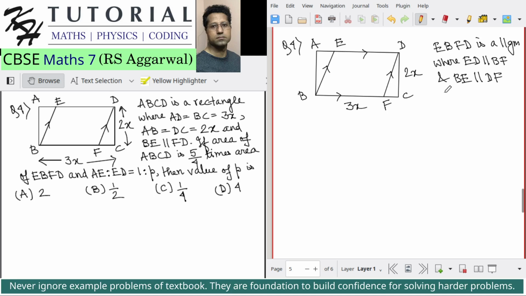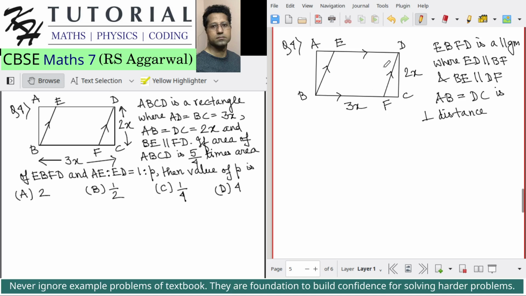Also notice that AB or DC is a perpendicular distance. Since ABCD is a rectangle, AB is perpendicular to both AD and BC.